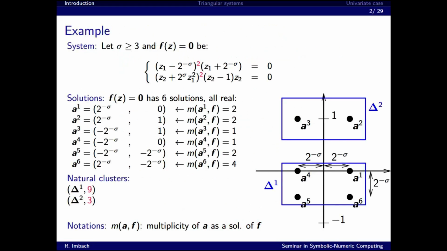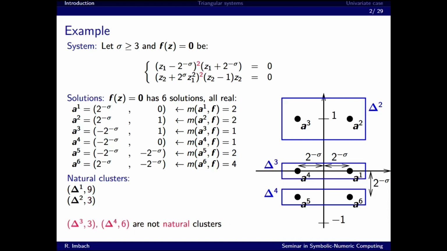So those are natural clusters. And for instance, those are not, because if you increase the radius of this polydisc, you will catch new solutions.